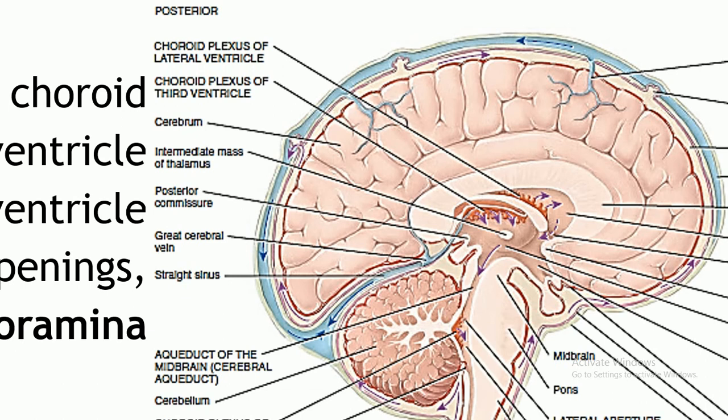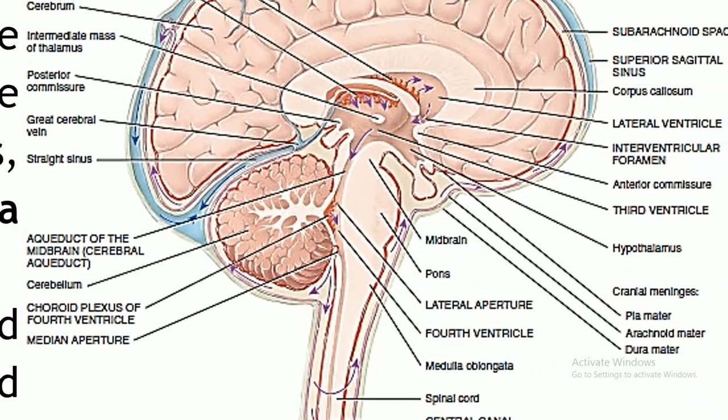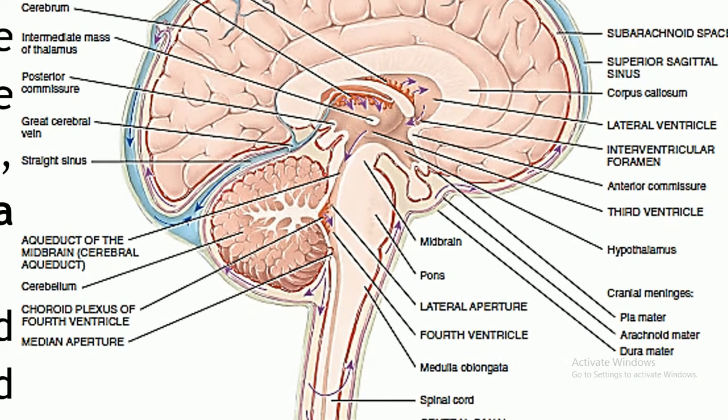Now from the lateral ventricle, this CSF will flow towards the third ventricle through two openings on either side, that is the interventricular foramen. So from this lateral ventricle, it is moving towards the third ventricle.